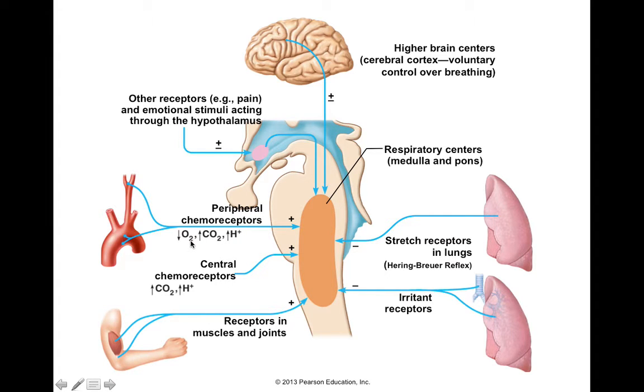So if O2 levels are low and CO2 levels are high, then you're going to want to ventilate more rapidly, right? That way you can help eliminate that excess CO2 from your bloodstream and also absorb more oxygen from the air that you're inhaling. One thing that's important to note too is that ventilation is also one of the ways to help get rid of excess acid from your bloodstream.